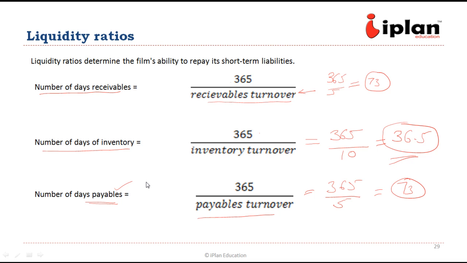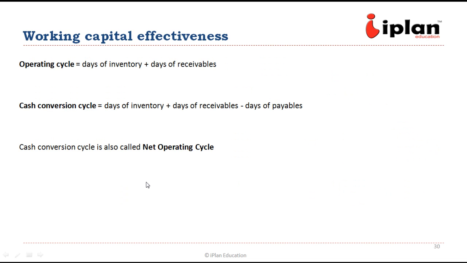Let us move to the next slide. How do we measure the effectiveness of working capital management? The first parameter is operating cycle, that is days of inventory plus days of receivables. So this represents the number of days which are needed for conversion of the final goods into cash. For example, days of inventory are say 35 and days of receivables are 25.